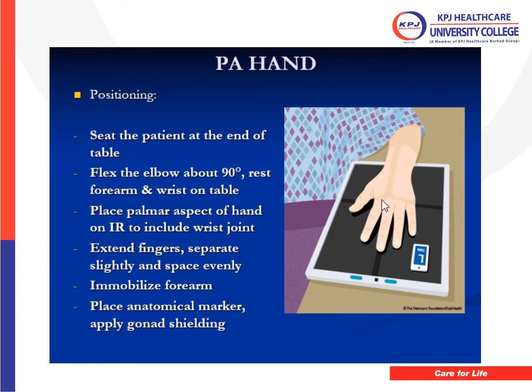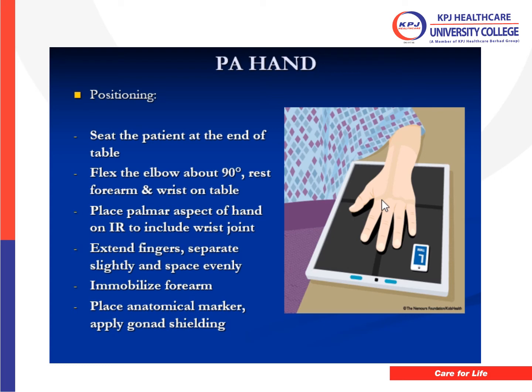Flex the elbow about 90 degrees, rest the forearm, and place the palmar aspect of the hand on the IR to include the wrist joint. Remember that for most extremities you have to include joints, one or two joints.